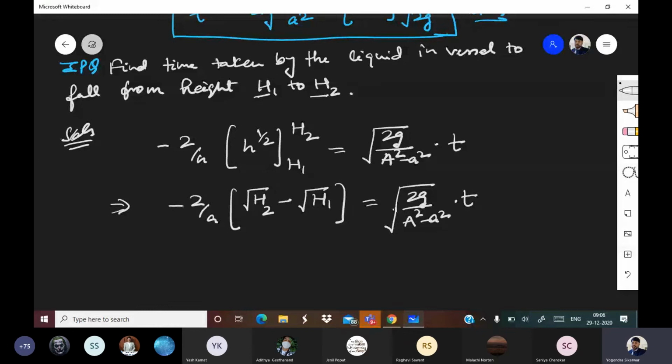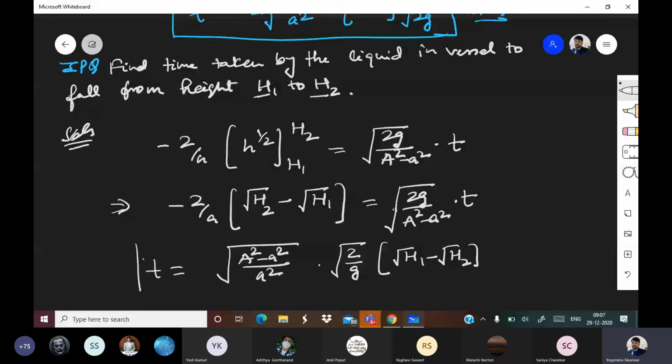So that gives us t is equal to under the root of a square minus a square upon a square, into root of 2 upon g, and in the bracket root of h1 minus root of h2.